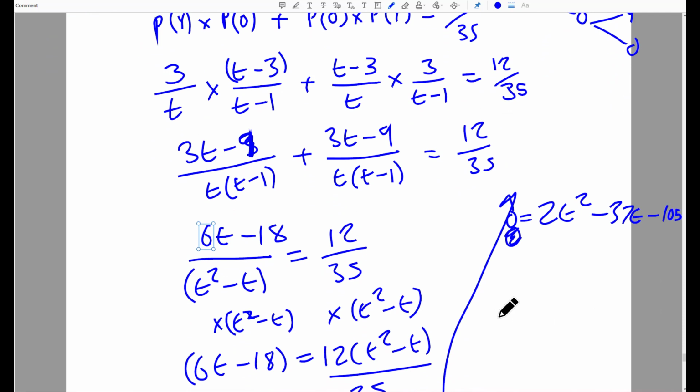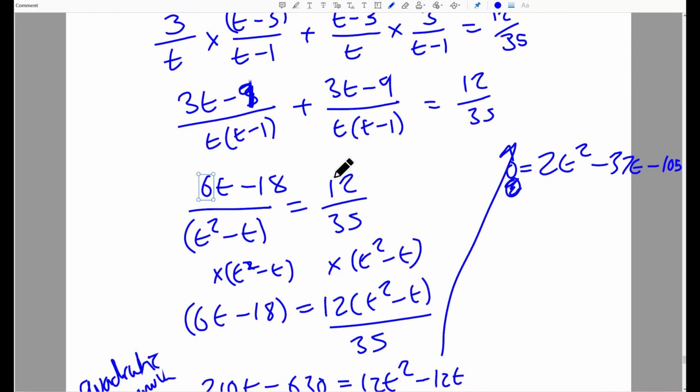Okay, let's write that again. 0 equals 2t squared minus 37t minus 105.